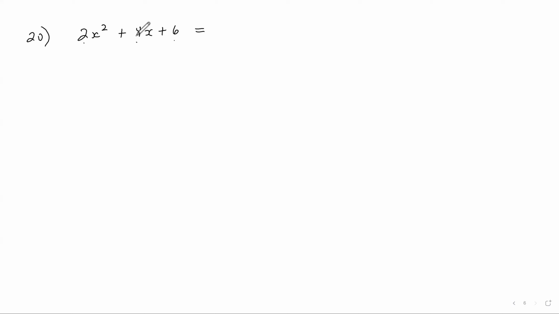So the highest common factor is just 2. This will be 2 into x squared, because 2 times x squared is 2x squared, plus 2 times 2x gives me 4x, and then 2 times 3 gives me 6. So that would be the factorization.